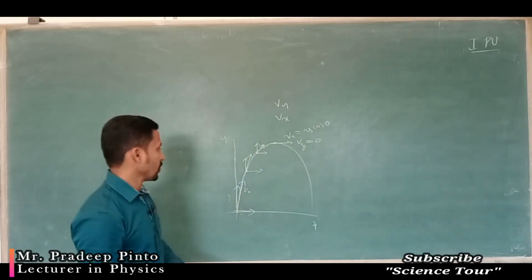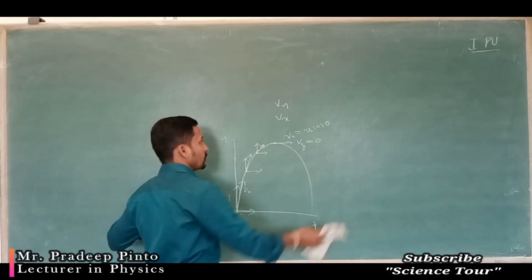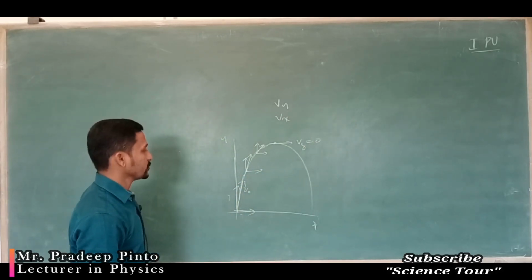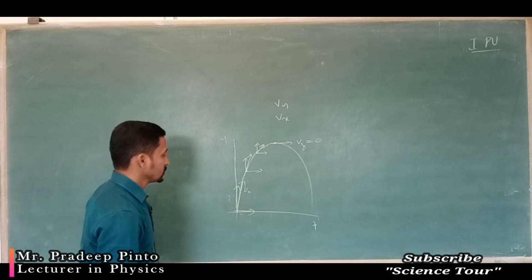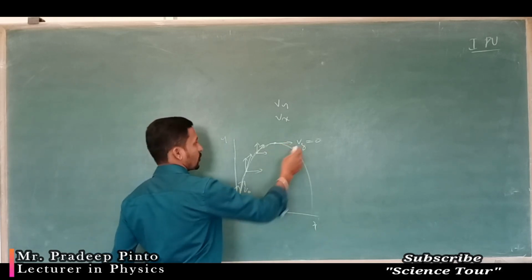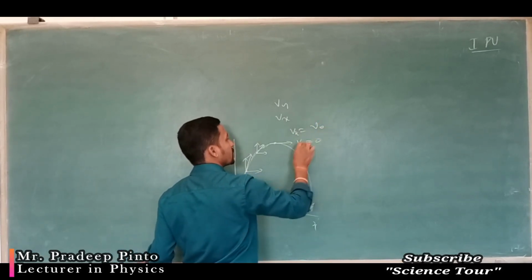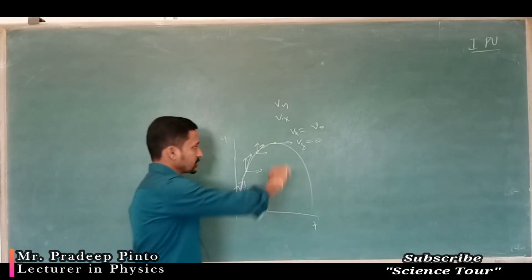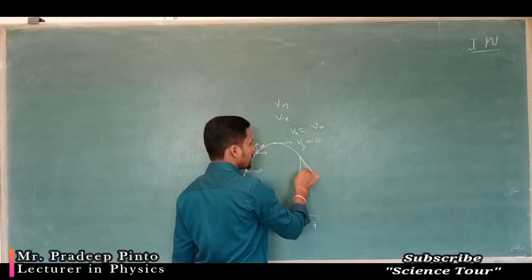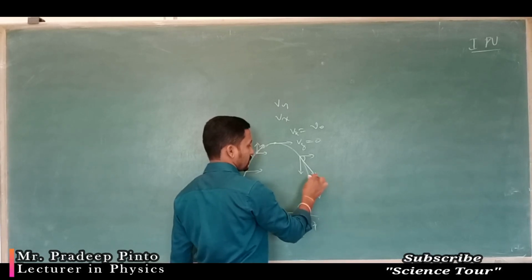At the highest point, Vy is going to become 0, and Vx is V naught cos 0, and cos 0 is 1, so it is V naught at the highest point. Again it comes back, and you draw a tangent, with the x velocity and the y velocity in the negative direction.